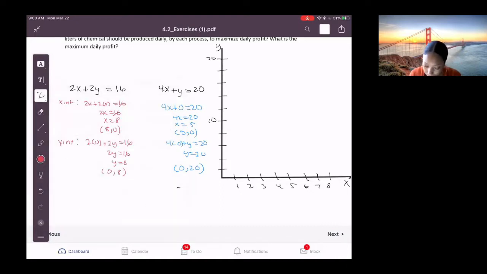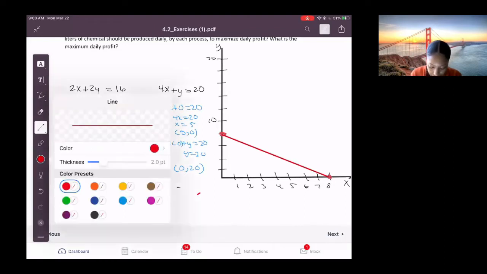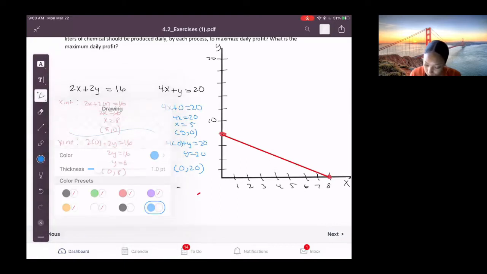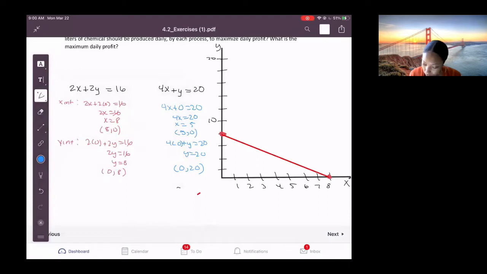So 0, 8 is here, 8, 0 is down here. And if I connect those two, boom, there's one of our lines. The next, for the blue one, we have 5, 0.